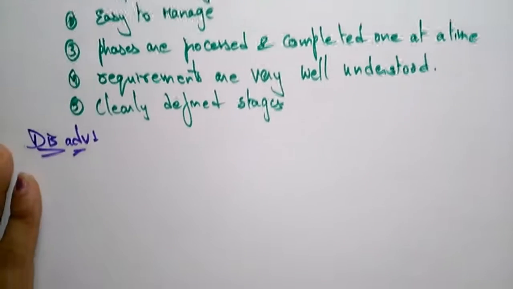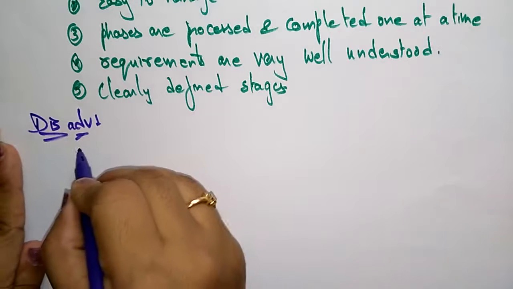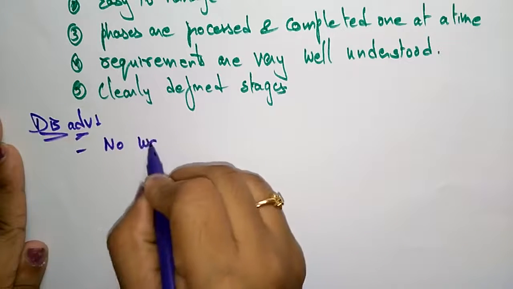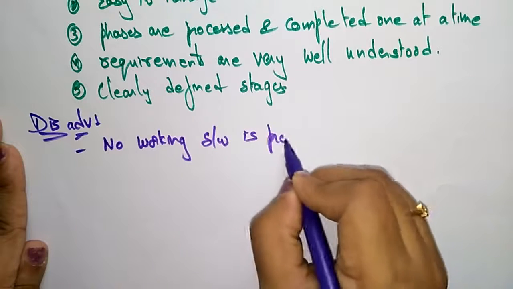The disadvantage of using the waterfall model is that no working software is produced until late during the life cycle. That is one.